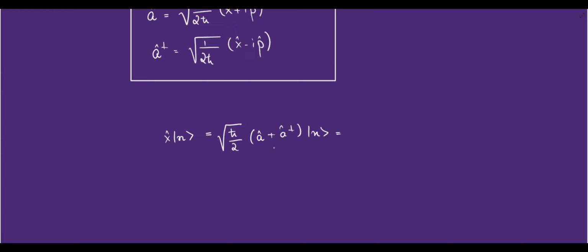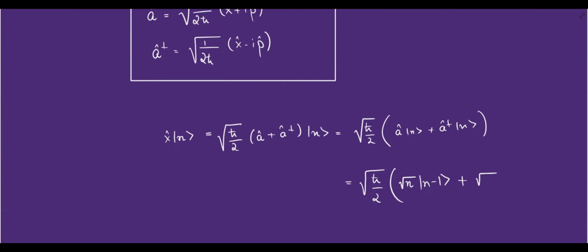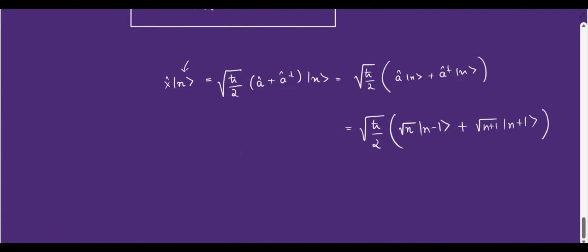It will give me root of h bar by 2, a cap acting on n plus a cap dagger acting on n, and a cap acting on n should give me root of n into n minus 1, and a cap dagger should give me root of n plus 1 into n plus 1. So you see that these number states are not eigenstates of x cap. You can similarly see that these number states are not eigenstates of p cap. So you should understand this important thing.